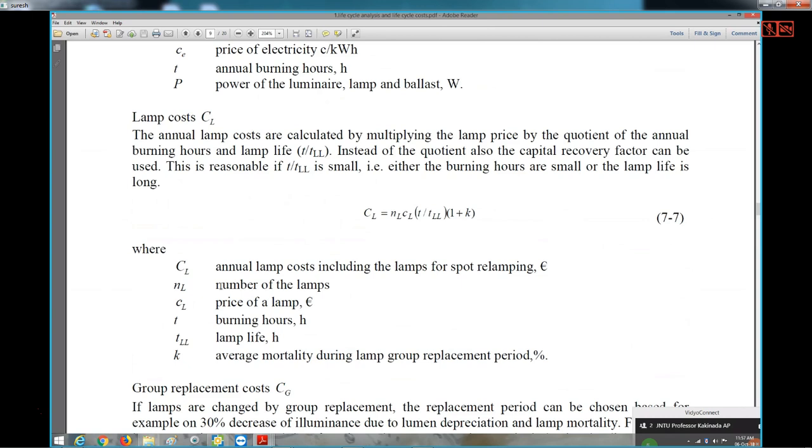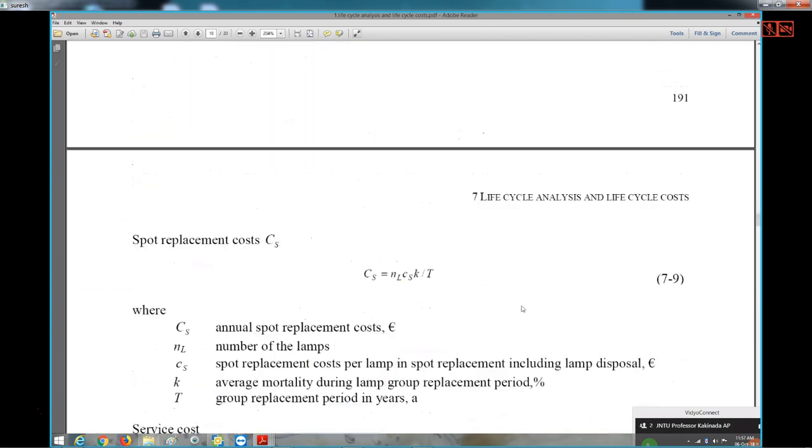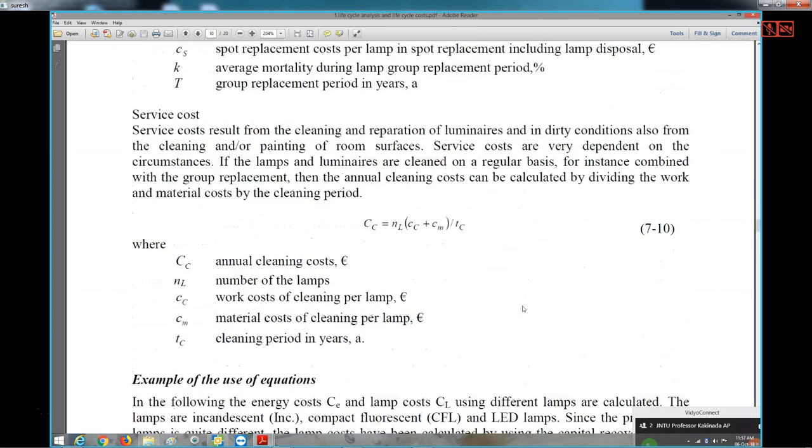K is the average mortality during the lamp group replacement method, expressed in percentages. And likewise, we have so many formulas to be taken.